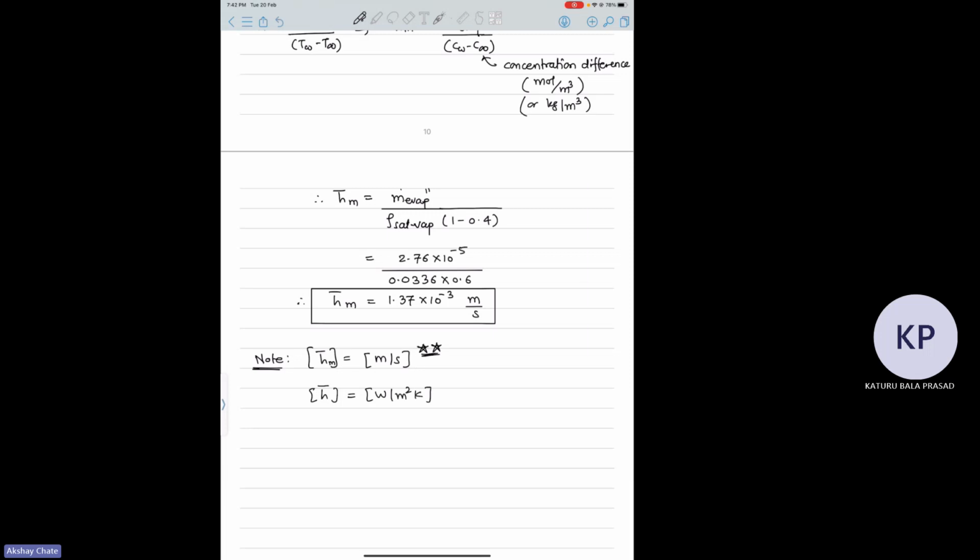Here it is not so. If you don't know the units, it will be very tough the first time you solve this problem, because once you get an answer like this, you will be wondering whether you did it correctly or whether there is anything wrong. But keep in mind the mass transfer coefficient has units of meter per second, which is velocity units. I mean, not velocity, it's velocity units also. And our heat transfer coefficient is different. So this is about this.